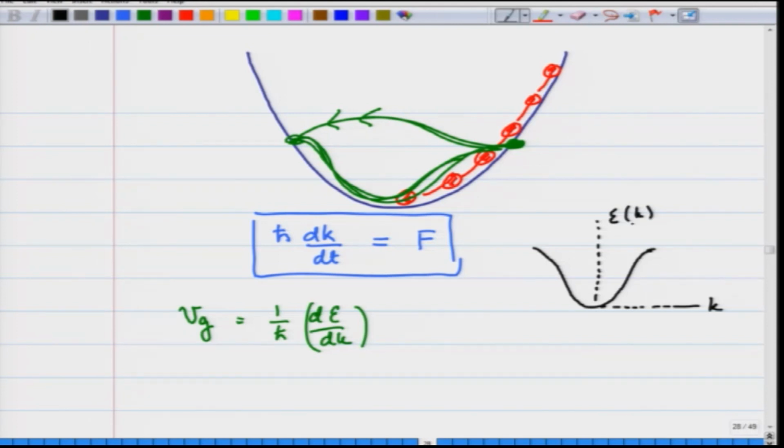and if I look at the slope of this band, it will give me v group, the velocity of this particle, and that will be 0 at this point at k equals 0.